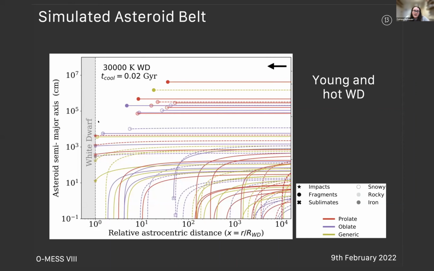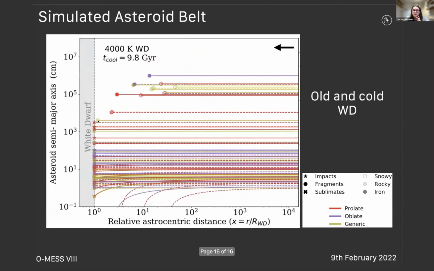Now, if we move to a slightly older and colder white dwarf, this time a 4,000 Kelvin white dwarf with a cooling age of 9.8 gigayears, the situation changes quite a lot, especially for the smaller material. So in this one, for objects which are larger than 100 meters, you're still seeing the fragmentation from before.